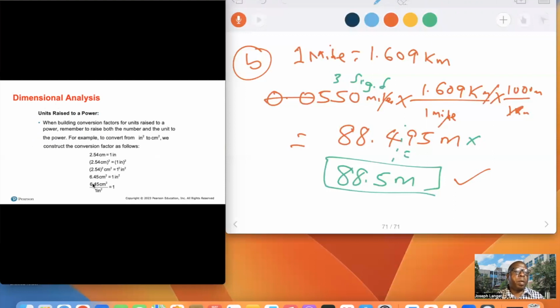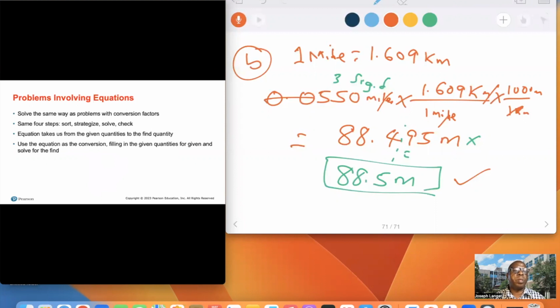Some of the conversion factors you have to derive, for example, 1 square inch equals 6.45 square centimeters. You will never see this given, but it is derived from the literature value for the relationship or equivalent statement for 1 inch and centimeters.